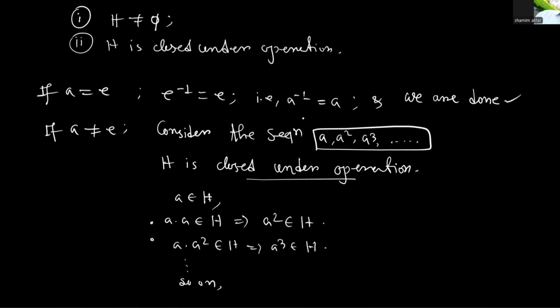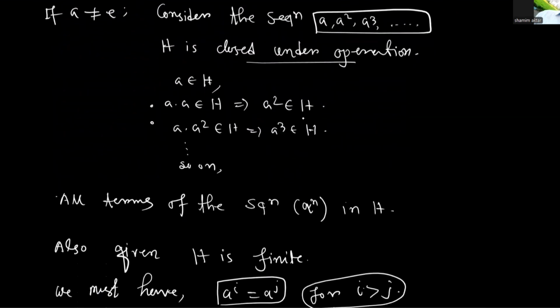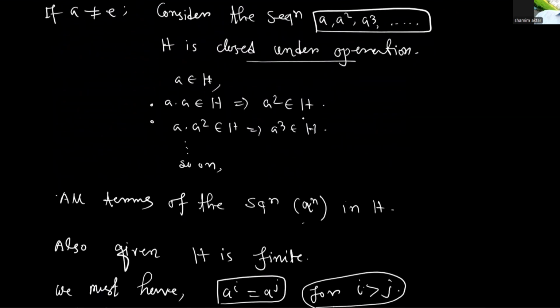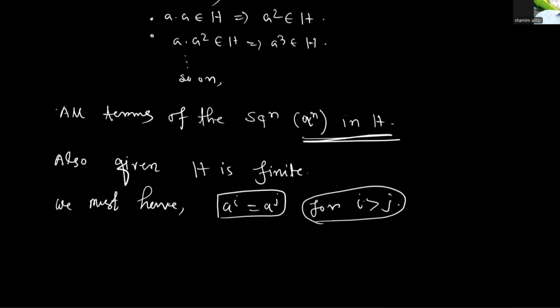So this implies H contains infinitely many different elements, because all terms of this sequence belong to H. But given in the hypothesis H is finite, which is a contradiction, because a finite set only contains a finite number of elements. So this condition must hold.